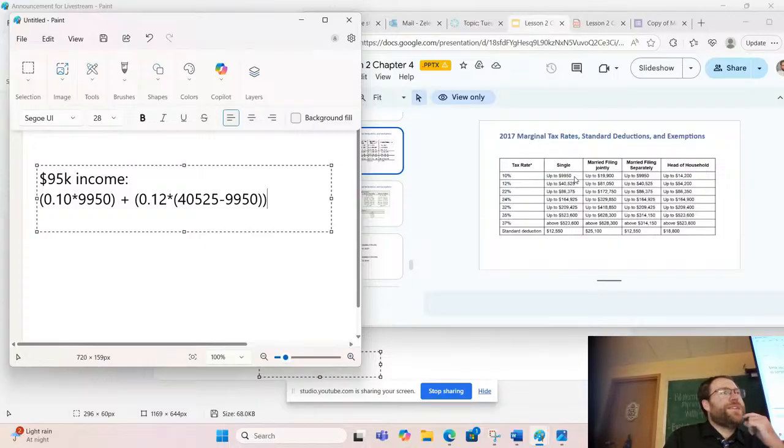Right. Yeah. So then the next one after that was 22%. $86,375 minus what was the end of the last bracket before that?